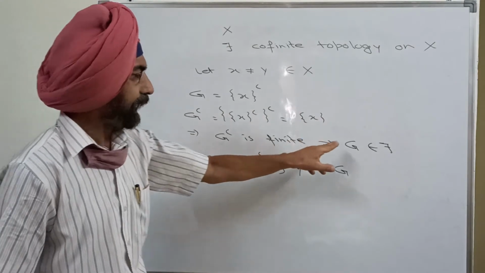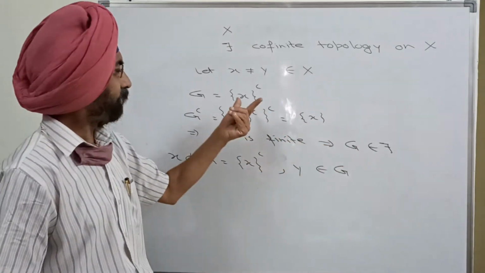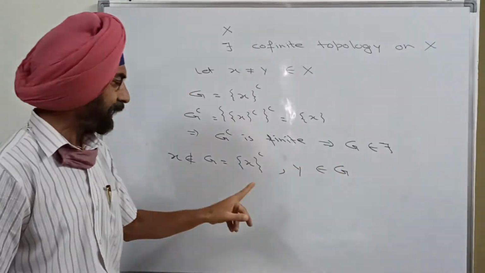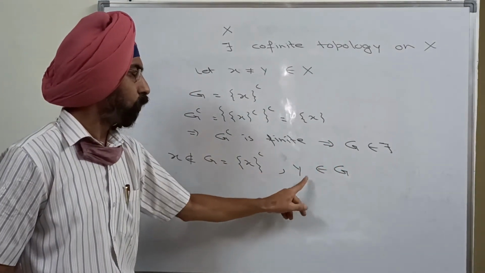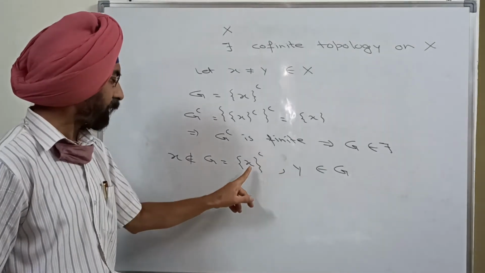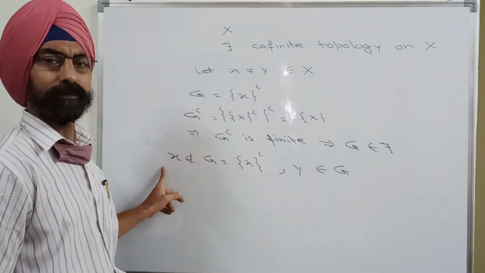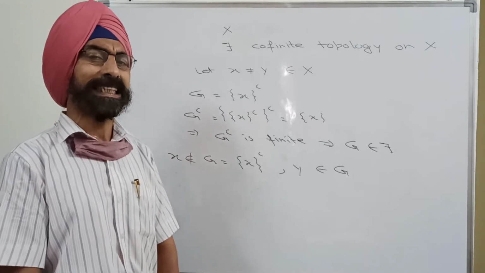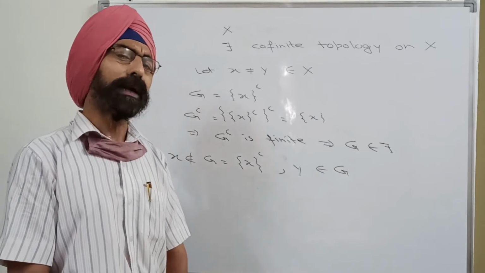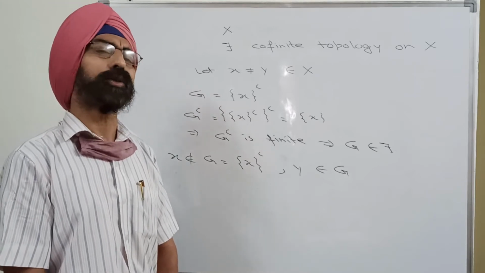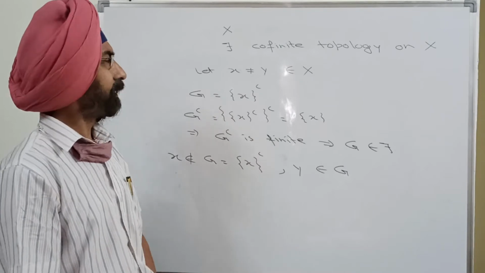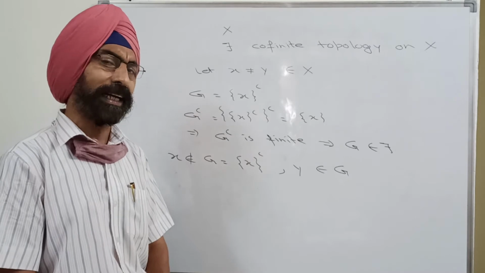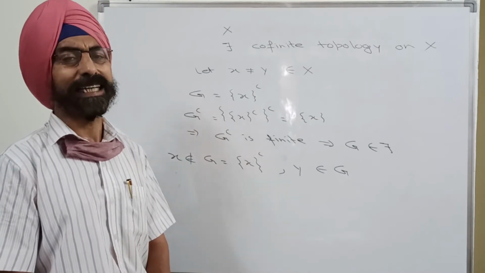You have taken two distinct elements x and y. You have an open set G such that G contains one of them and does not contain the other. That means for two distinct elements x and y, you have an open set G containing y but not containing x, and that is more than enough to show that the topological space (X, tau) with tau as the cofinite topology on X is a T0 space.